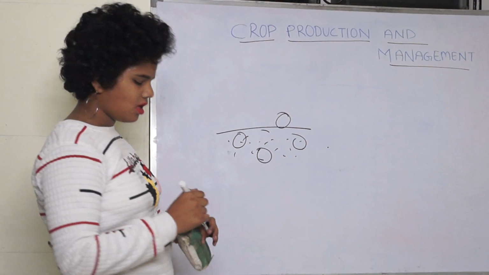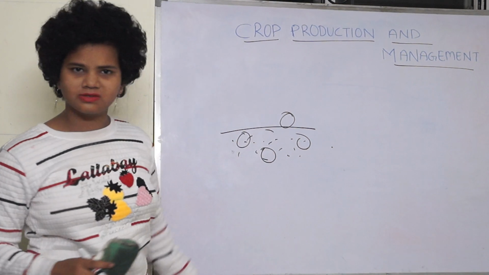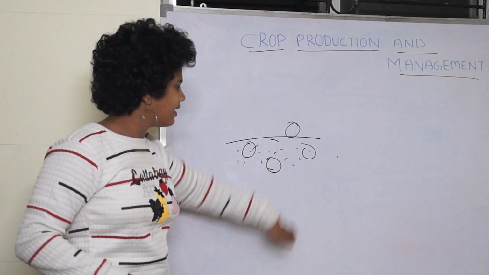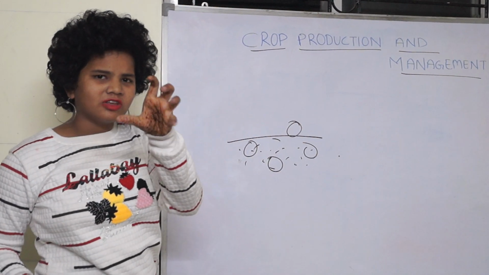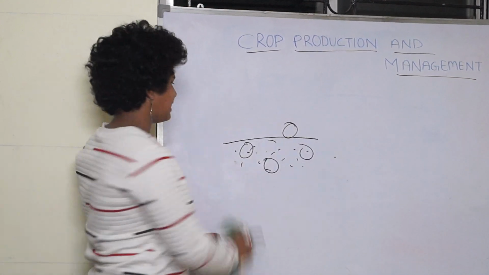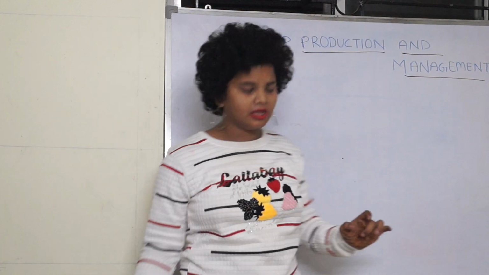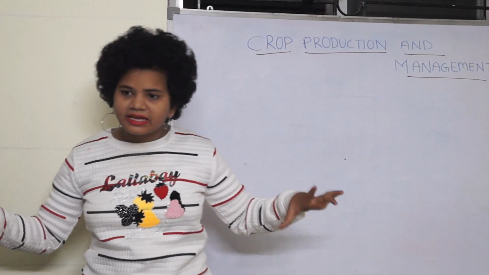How can I sow the seed in these lumps and crumbs of soil? We cannot sow. So to smash these lumps of soil, we need to do leveling. After plowing we should level the soil. The leveling is done by a leveler.